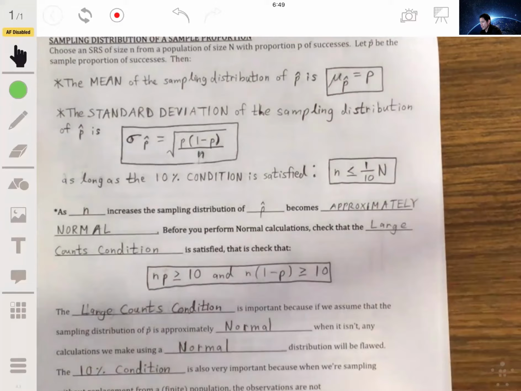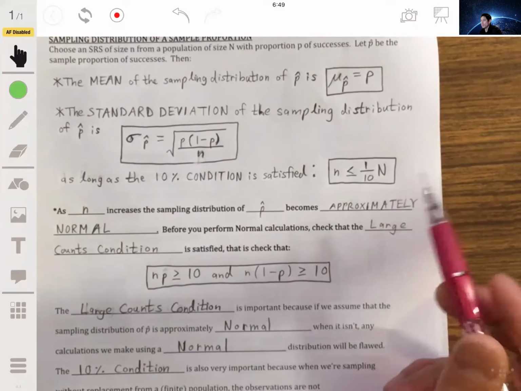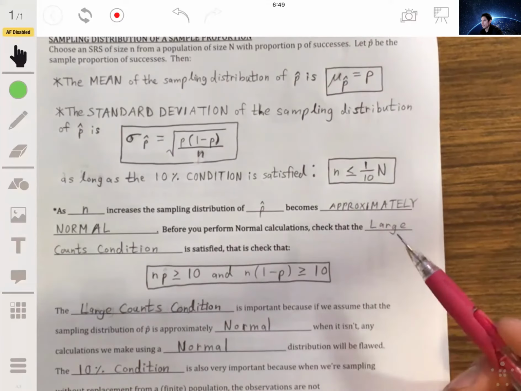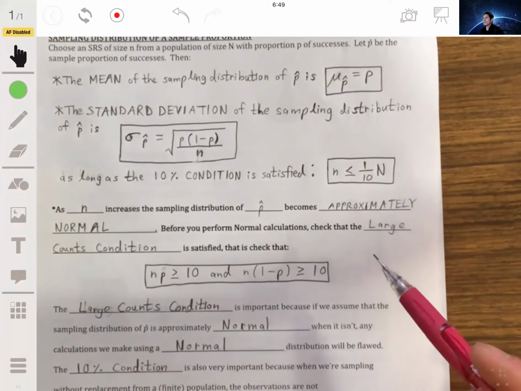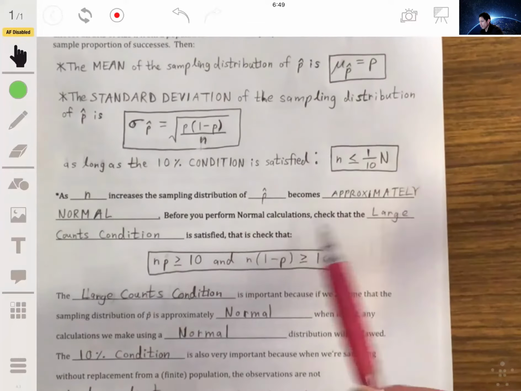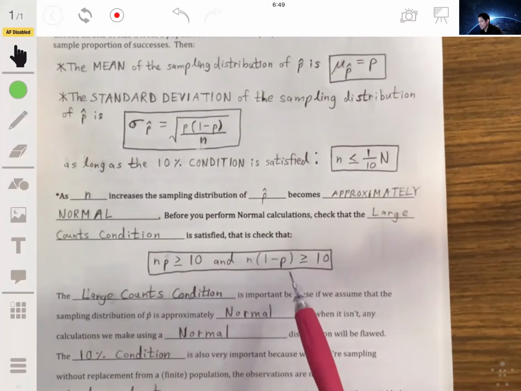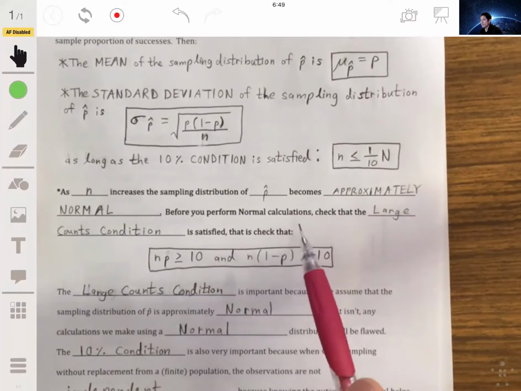And again, this has to do with the more advanced math, binomial distribution, independent condition. But again, we'll talk more about that as we go through the course. But for now, make sure that you're always checking this condition before you use normal calculations for your inference problems.